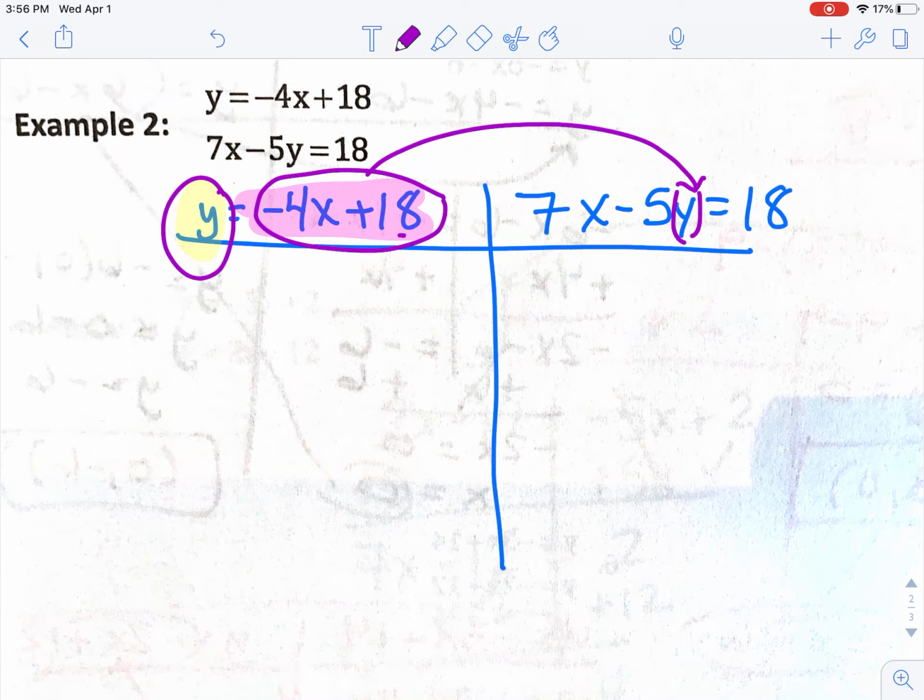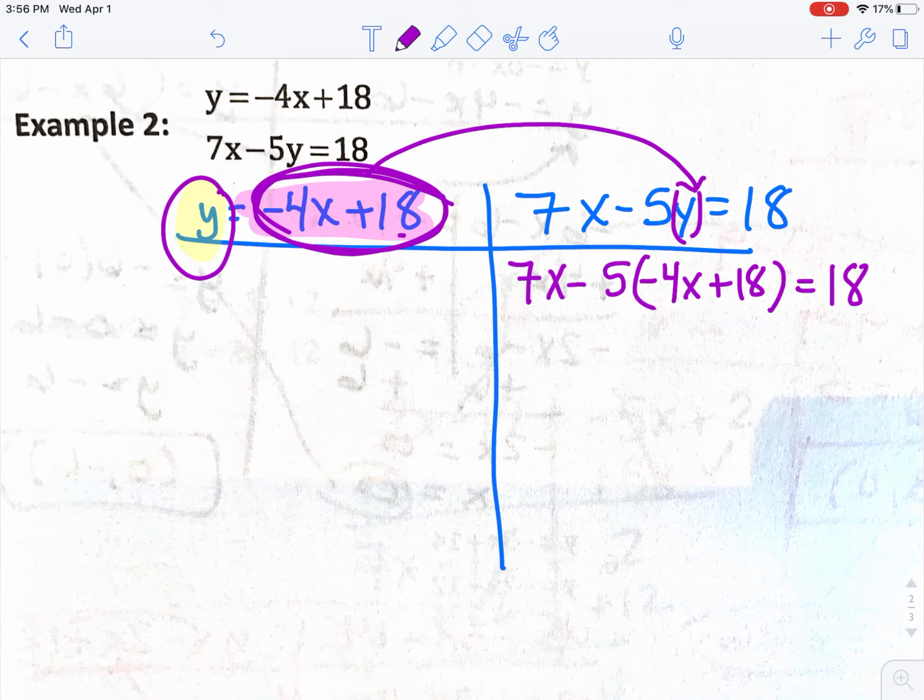So now I'm going to do my work on the right. I'm going to have 7x minus 5. Instead of y, I put that whole thing, negative 4x plus 18. And then I still continue with the equals 18. So I'm substituting this whole expression in for this y. Does that make sense? So that's where that came from right there.